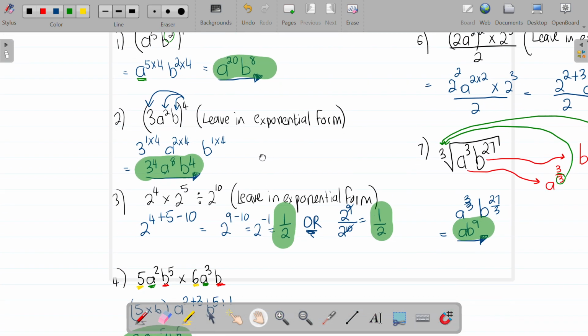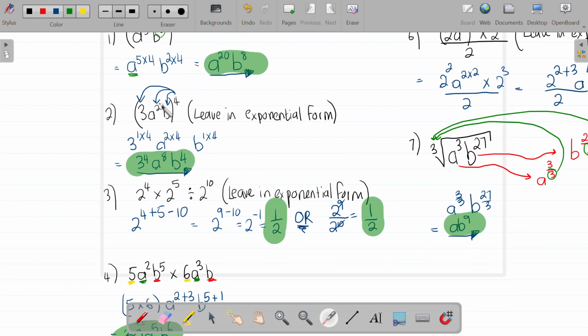Let's carry on and look at number 2. We have a bracket, and there's 3, a to the 2, b, close bracket raised to the power 4. And again, remember, this 4 affects everything. It affects the 3, the a squared, and the b. So let's see how it affects it.